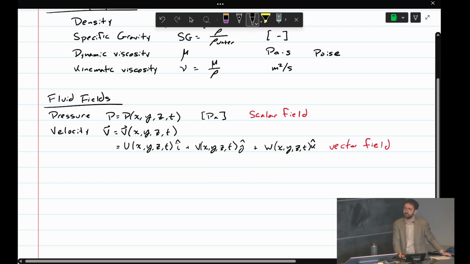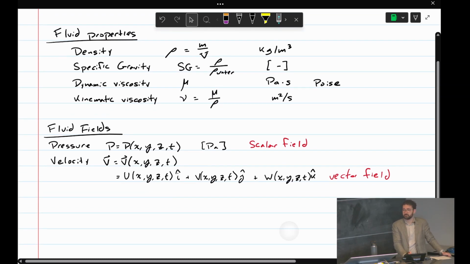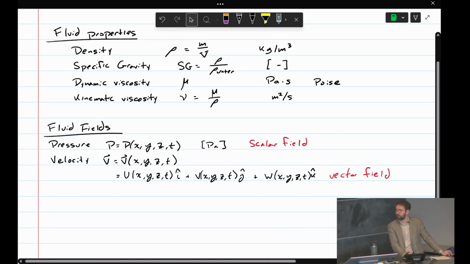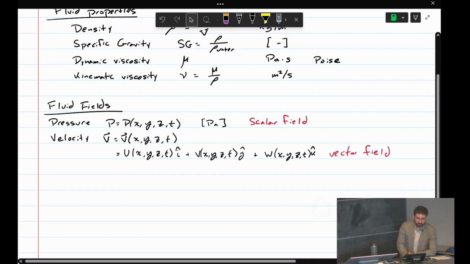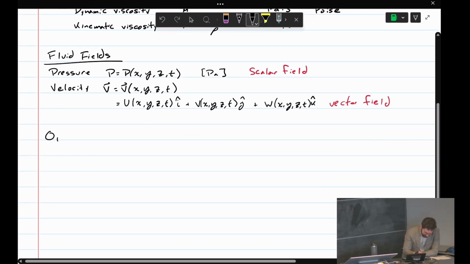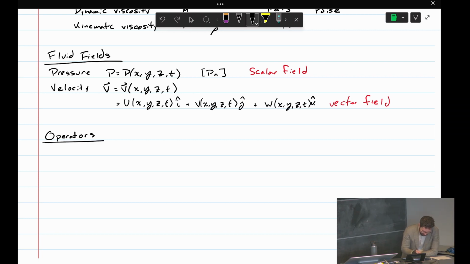Are there any questions about what we've covered so far? Okay. Let's talk about the operators we've talked about. So in our incompressible fluid, we really only have these 2 fields plus our fluid properties.